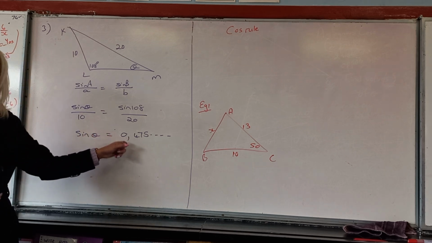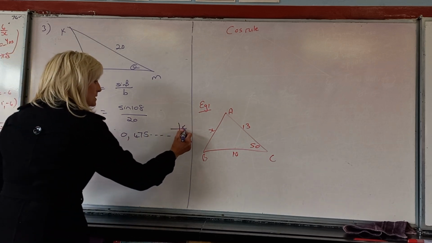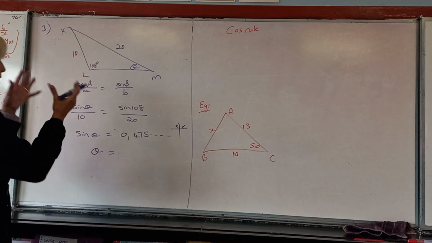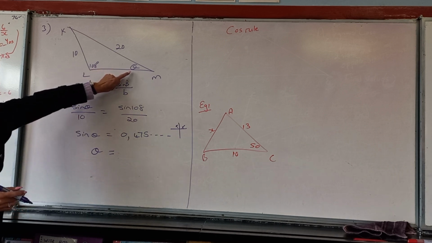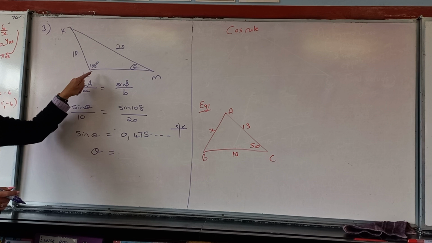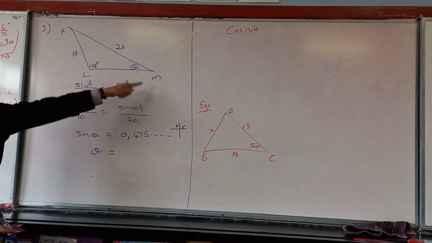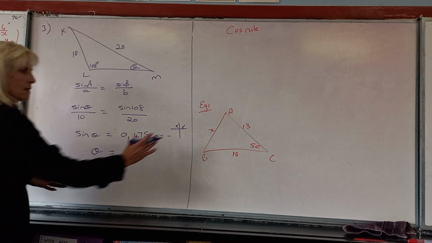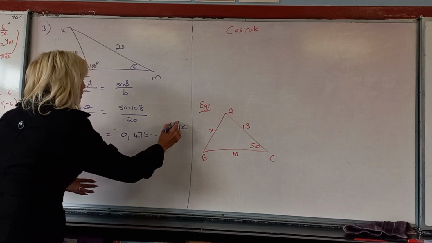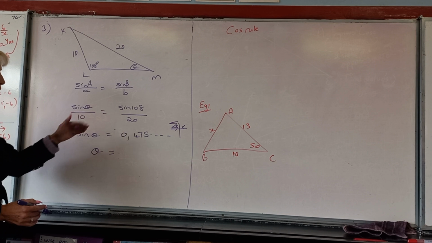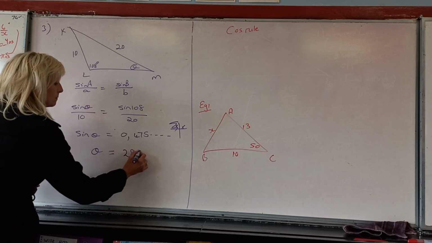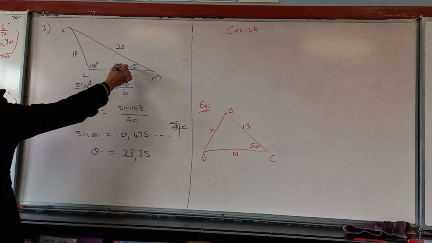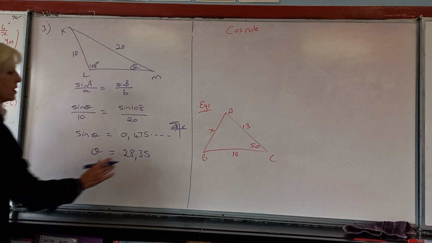Sin is positive in the first and second quadrants. But practically in the sum, is it possible that this can be an obtuse angle? Why not? Because you already have 100 and something. How can this also be obtuse? Are you with me? Yes, ma'am. The thinking is right, but then I say, oh, okay, well, it can't be anyway. So you just do your shift sin, and your answer is 28.39.